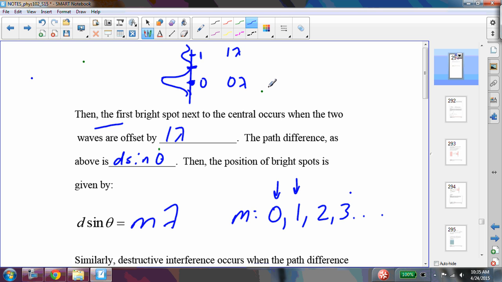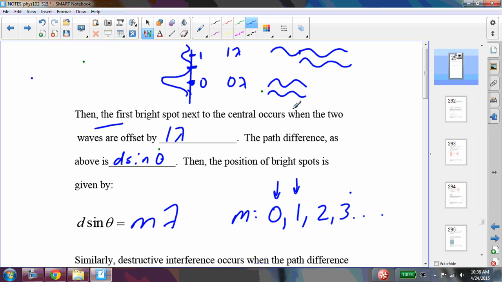So whereas here, I get two light rays that come together like this, and I get complete constructive interference, up here at order number 1, I get two light rays that go like this, and then the second ray starts like that. So they're offset by 1 wavelength. But they still experience constructive interference, just not to the same degree as for the 0th order. It's a little bit dimmer.